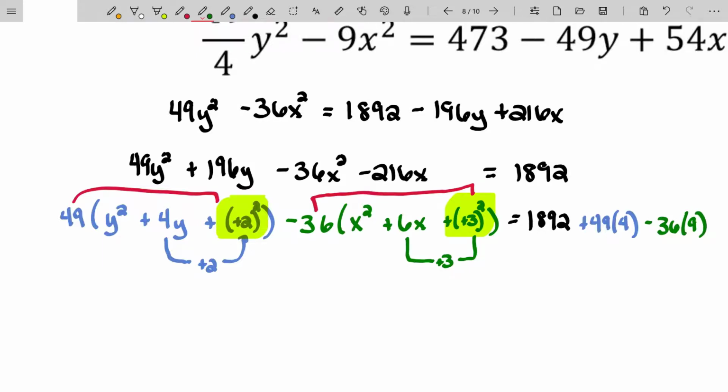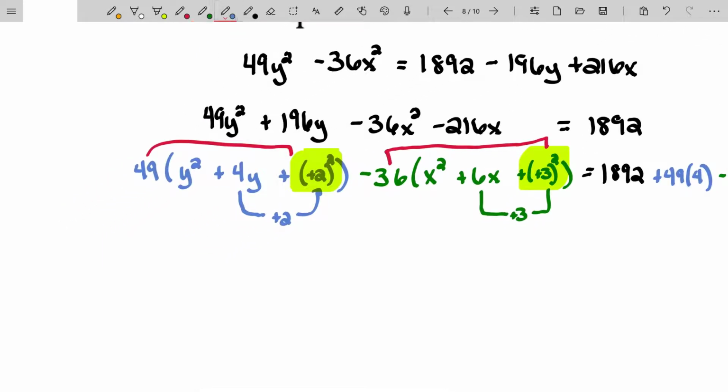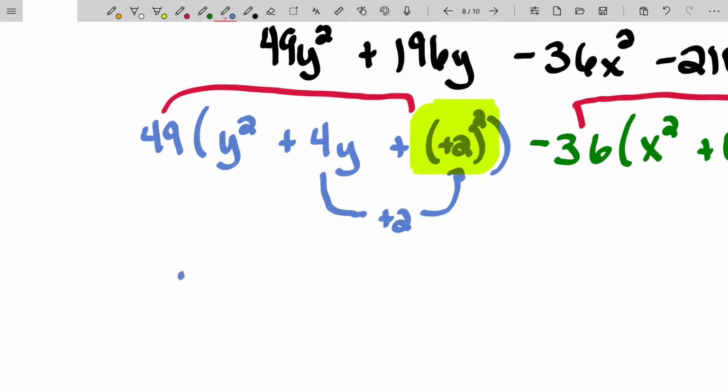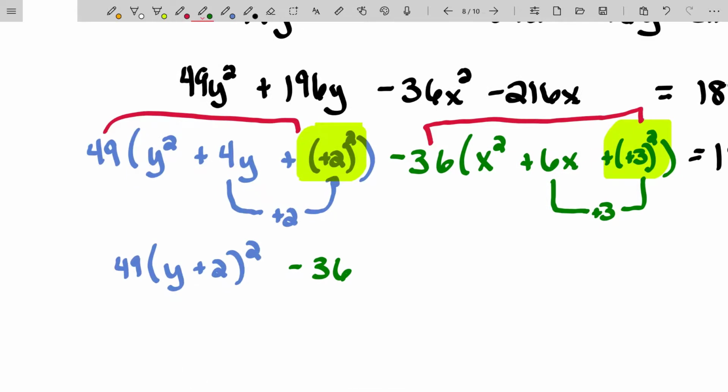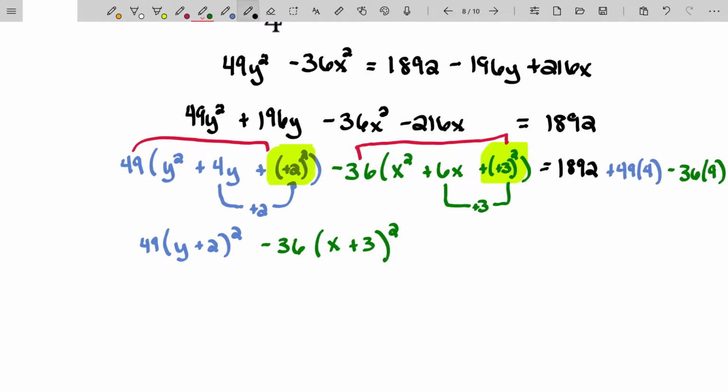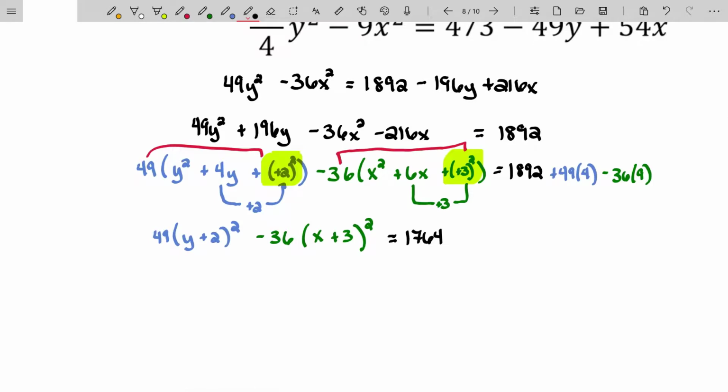Okay, so let's go ahead and do that. You can see in the blue ink there, we have 49 times that trinomial, which factors to y plus 2 quantity squared. And in green, we have minus 36, and that trinomial factors to x plus 3 quantity squared. On the right-hand side, there's just a lot of constants, so you might want to grab a calculator. That's going to be 1,764.